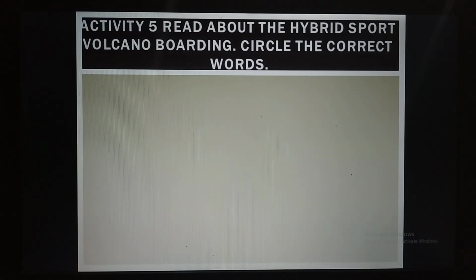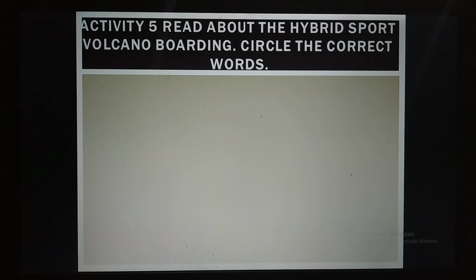So you can see there, activity 5. You have to read about the hybrid sport volcano boarding. Earlier we read about the hybrid sport called disc golf. Now you're going to read about volcano boarding.